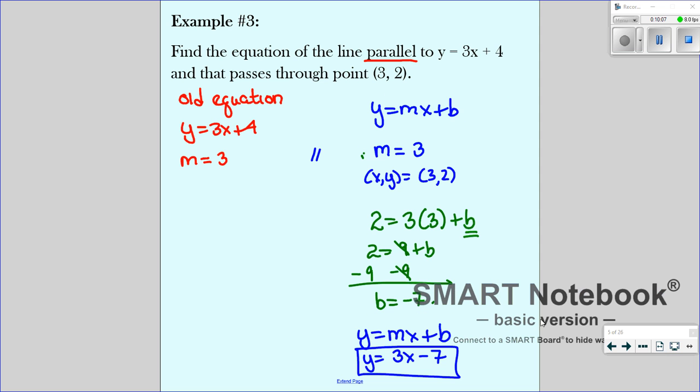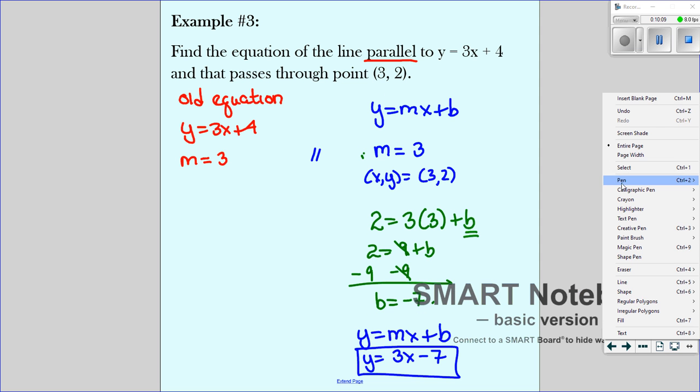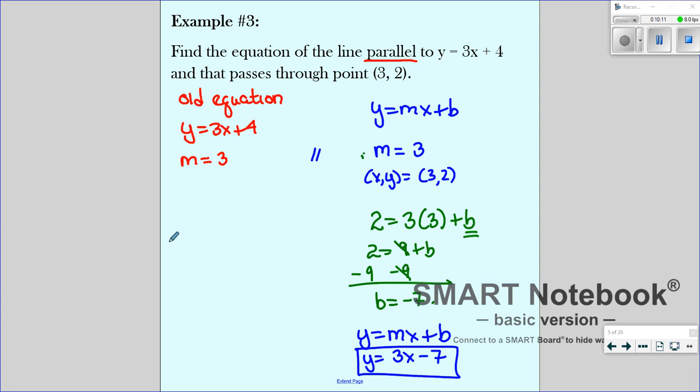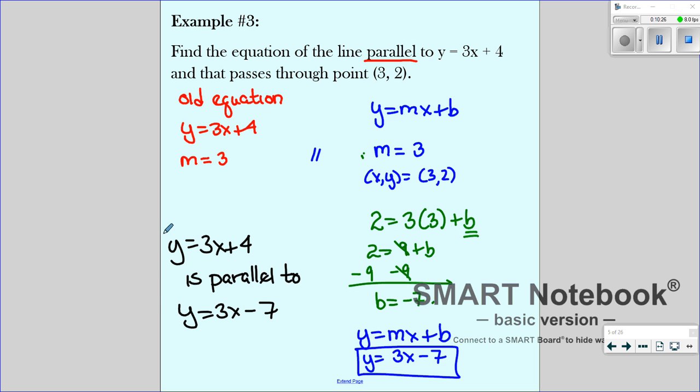So if I want to conclude this, I will say that y equals 3x plus 4 is parallel to y equals 3x minus 7. And because it's the same slope, I'm going to put same slope.